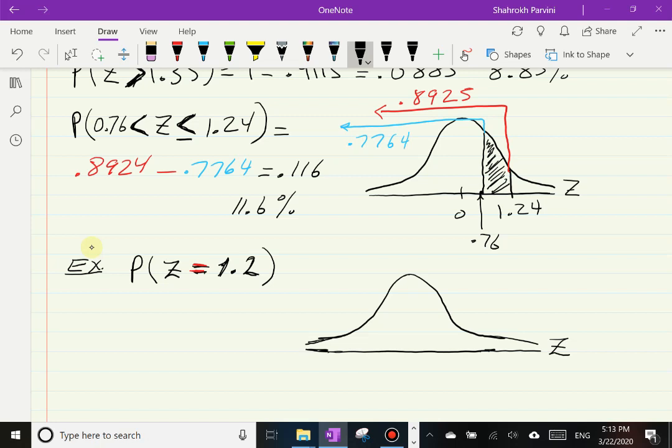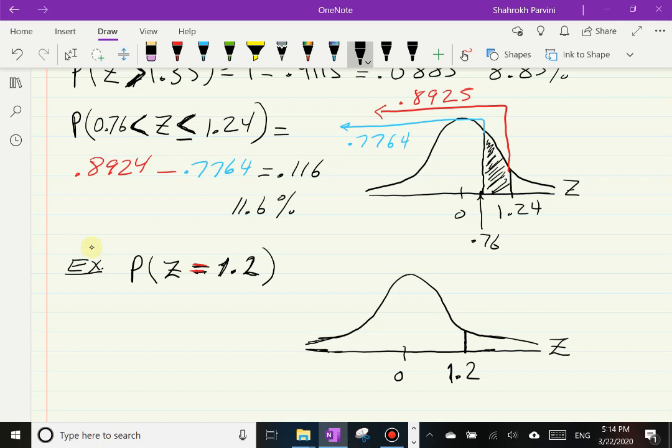Now, in this one, let's say I want to find probability of z exactly equal to 1.2, so this is again where 1.2 is, right? So the problem amounts to finding the area under the curve. Well, under the curve, I have a line. So I guess it begs the question, what is the area of a line? Now, we know a line has length, but has no width.